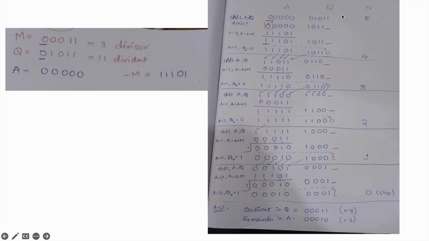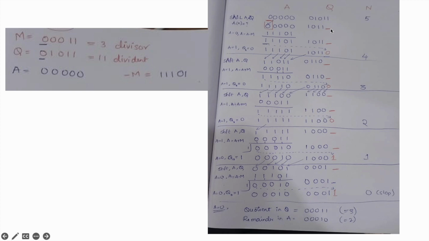Now initially we keep all the values here. The N value is 5, the number of bits in the quotient, A is all zeros, and Q is 0 1 0 1 1. So we shift left A and Q. We have shifted each bit position towards the left: 1 0 1 1.